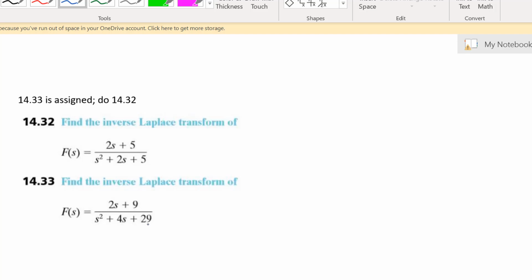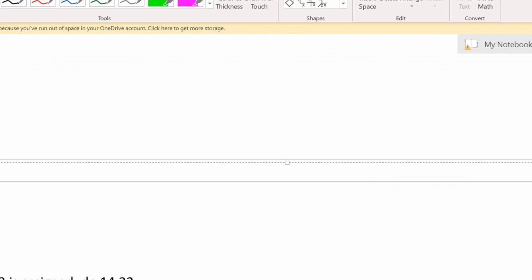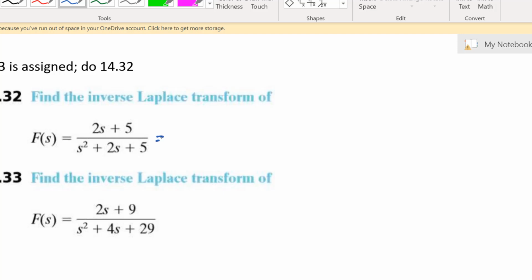So when you have a quadratic factor in the denominator that can't be factored, what you have to do is complete the square in the denominator. So it's going to be s squared plus 2s plus something to complete the square, and then I already have a plus 5, but whatever I add to complete the square, I'm going to have to subtract later.